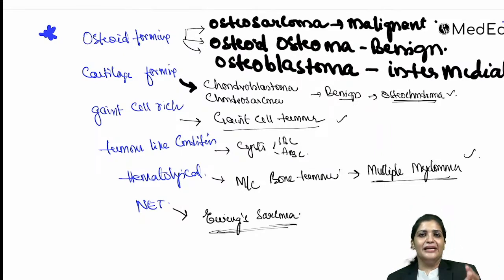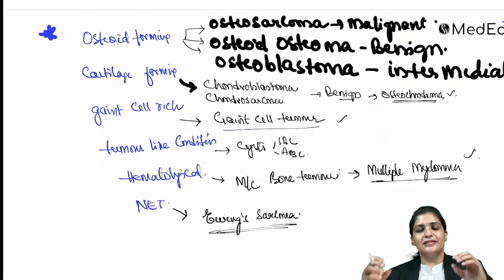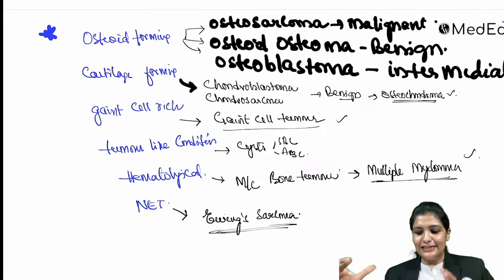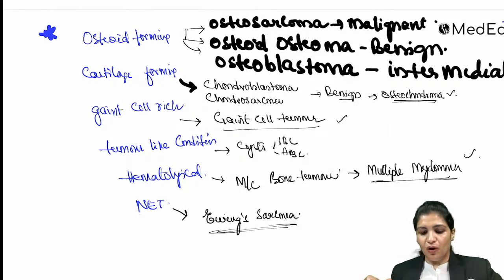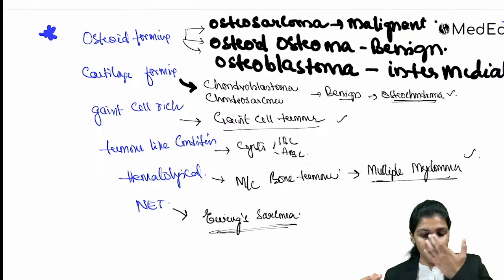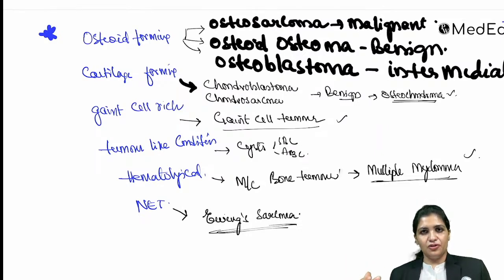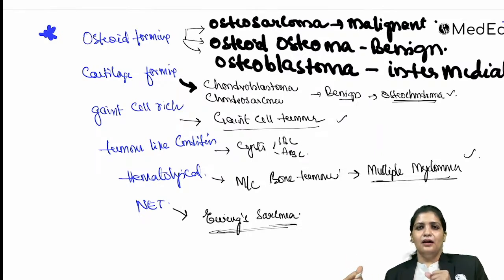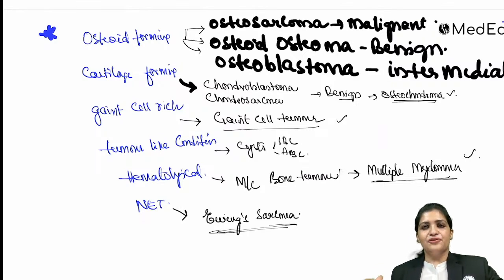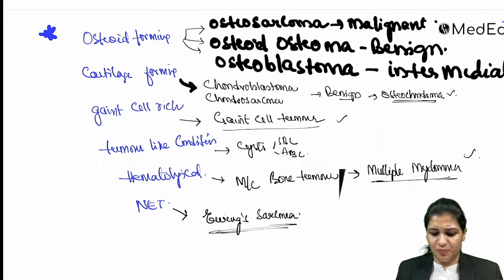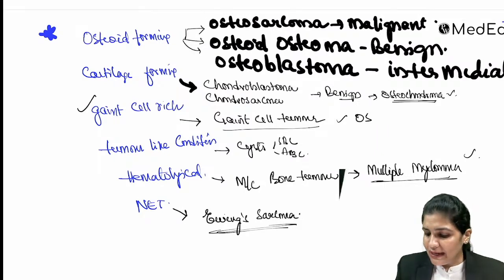Why I'm telling you this as an important thing is that this could be an area where they can integrate the questions with pathology and ask you regarding these particular tumors. So on the histopathology, if you see an osteoid formation on the biopsy, then you can tell these three tumors, osteosarcoma, osteoid osteoma, or osteoblastoma, can be a differential diagnosis. If you see giant cells on the histopathological slide, it is a giant cell rich tumor, that is the osteoclastoma.